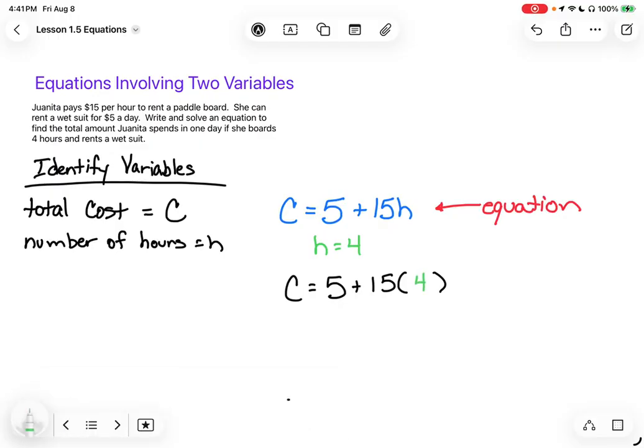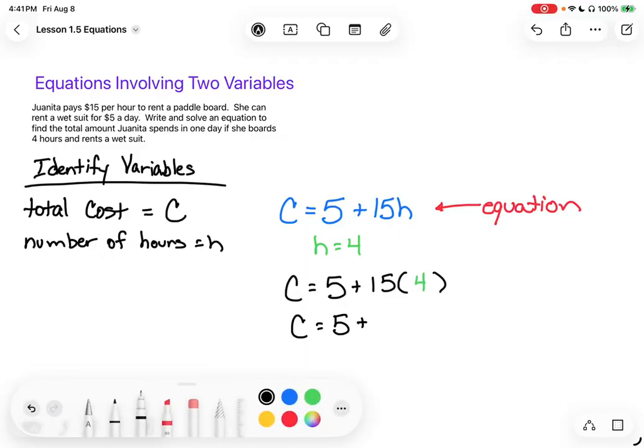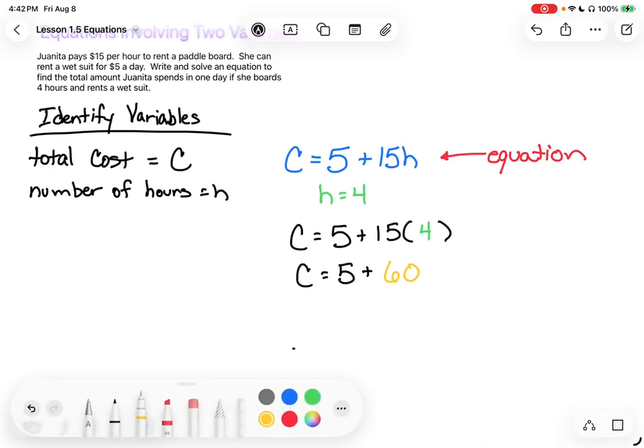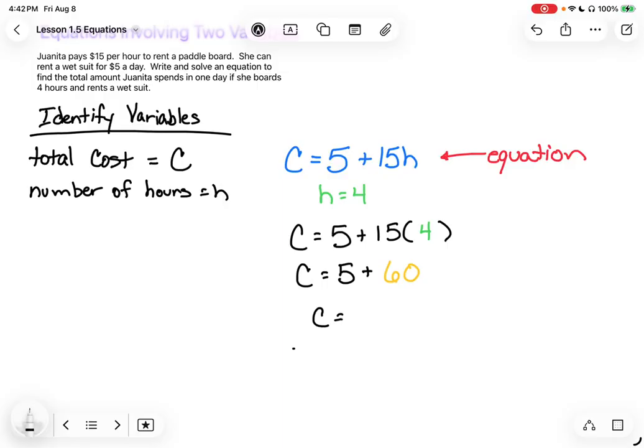Order of operations says to do the multiplication first. So 15 times 4 is going to give us 60. So 5 plus 60. And then the last thing we'll do is add the 60 and the 5 together, which is 65. 65 is a very good numerical answer, but let's write it in context.